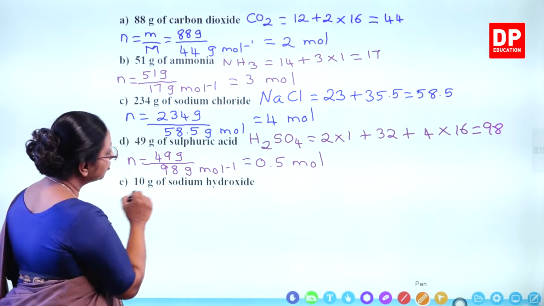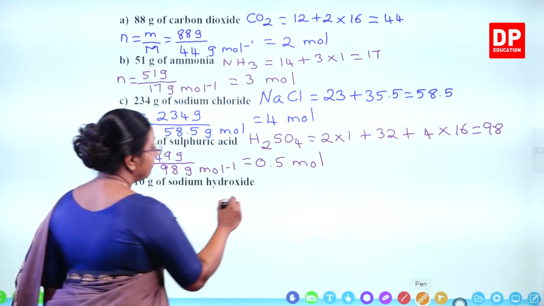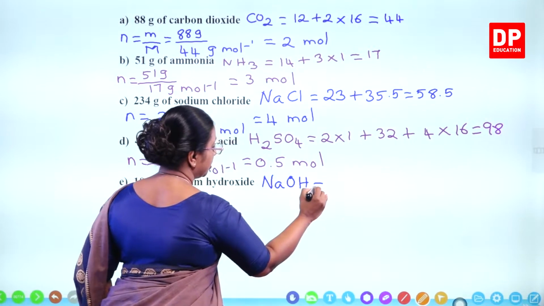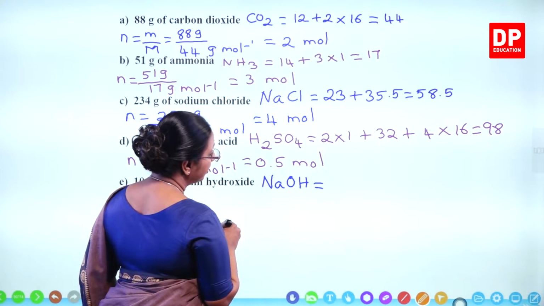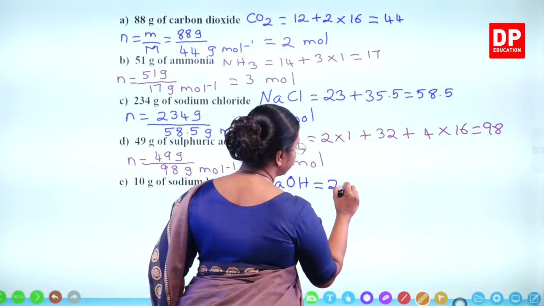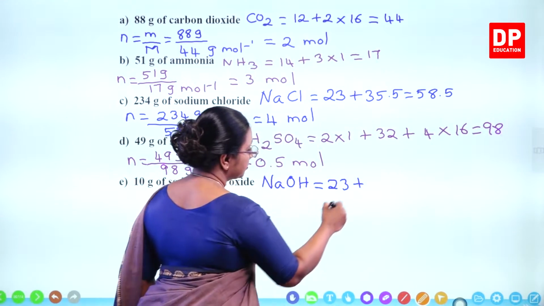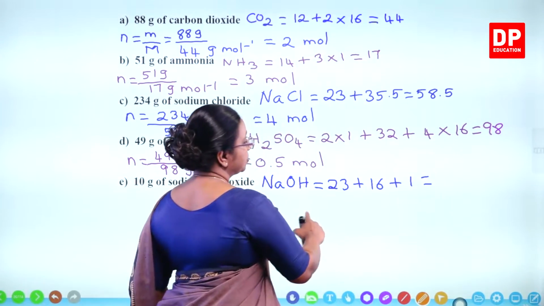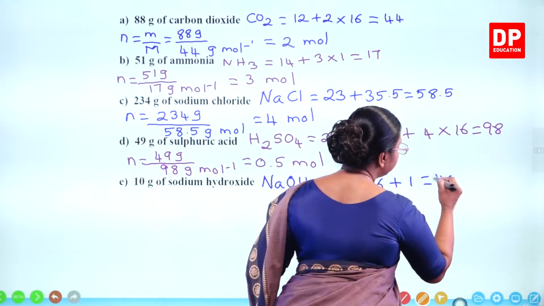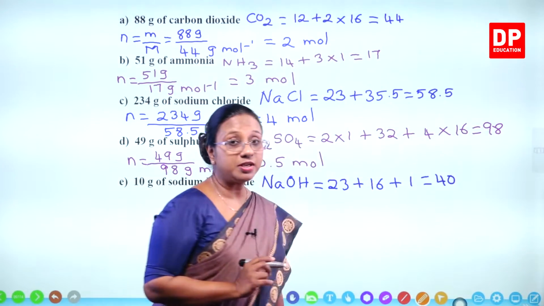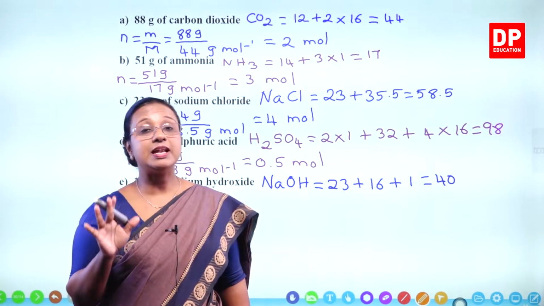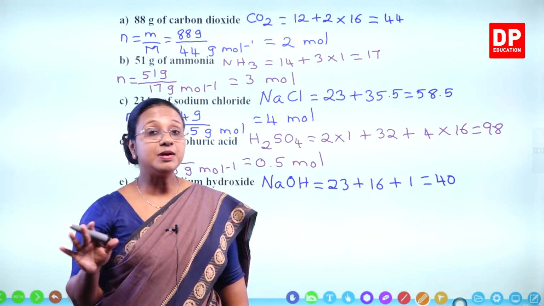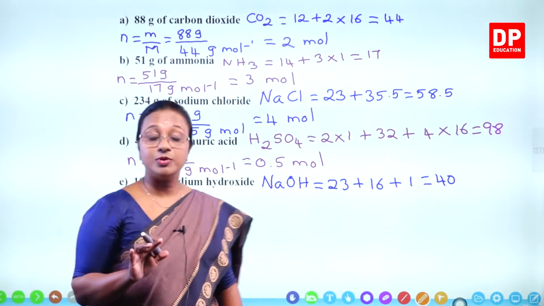10 gram of sodium hydroxide. What is the chemical formula? NaOH. How do you calculate the molar mass? 23 for sodium plus oxygen 16 and hydrogen 1. So if we add them together, 40. If we write 40 without the unit, that is the relative molecular mass. With the unit gram per mole, it becomes the molar mass.